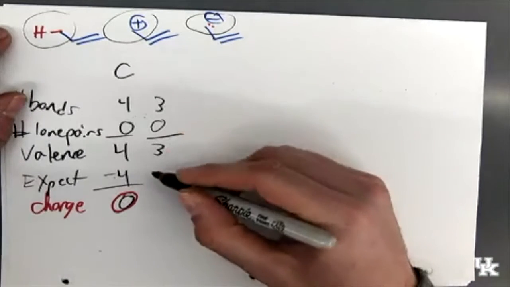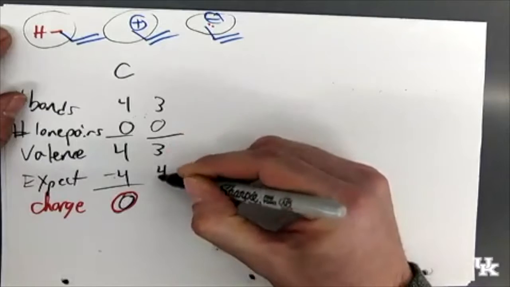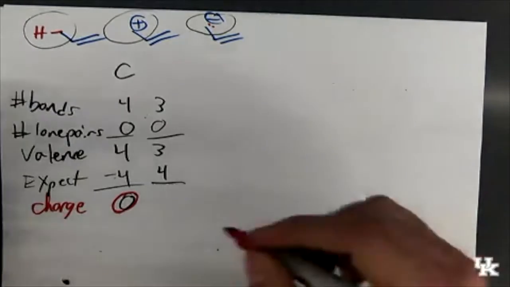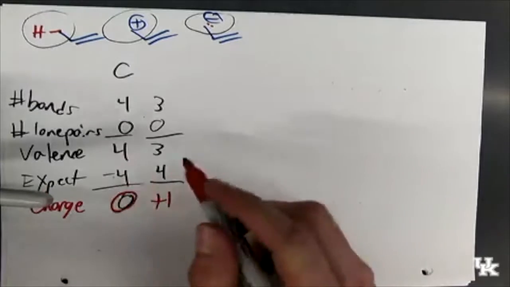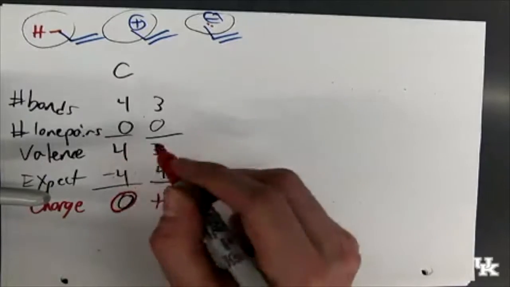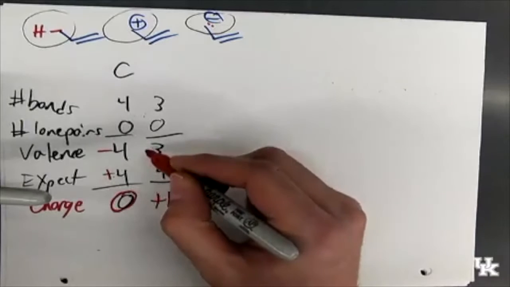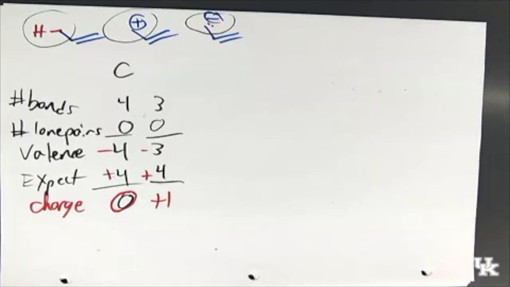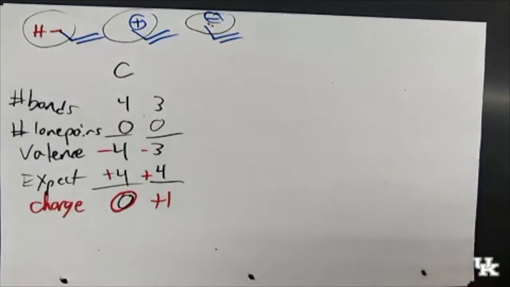Right. We expect 4. So that means we have a charge of +1. I realize at this moment that this should really say something like +1, but I think you all see where this is going.